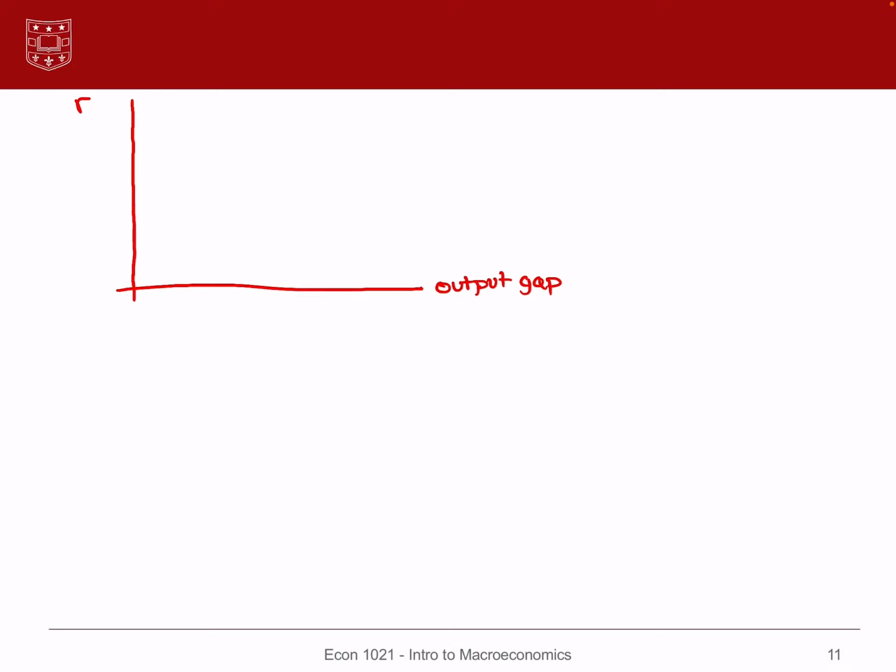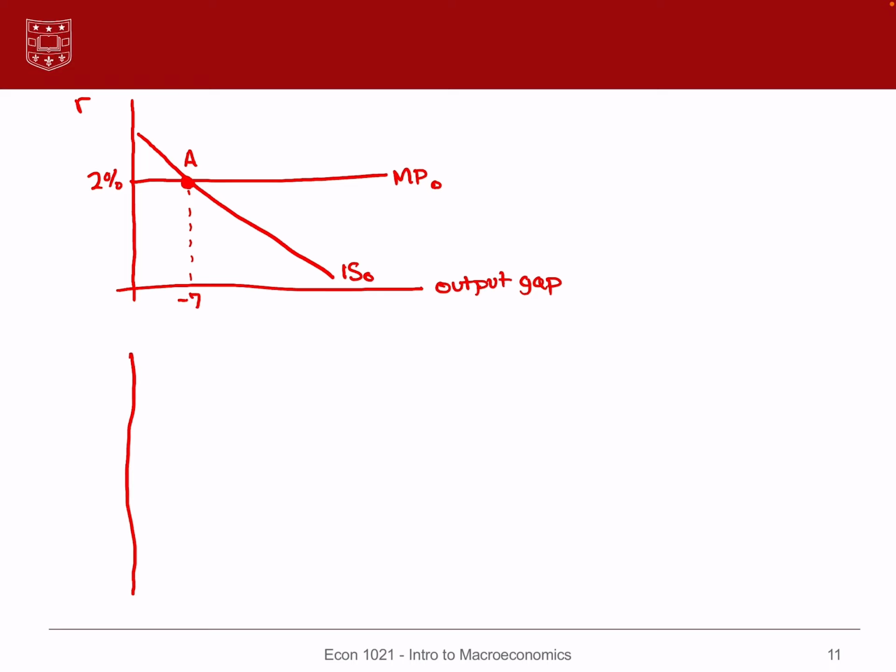So here's the real interest rate, 2%. This is point A with our IS curve. Again, unexpected inflation goes on the vertical axis here. Make that -2. Let's suppose this is our 0.